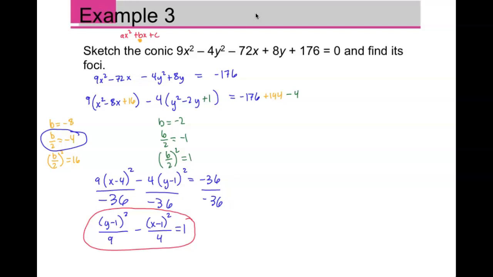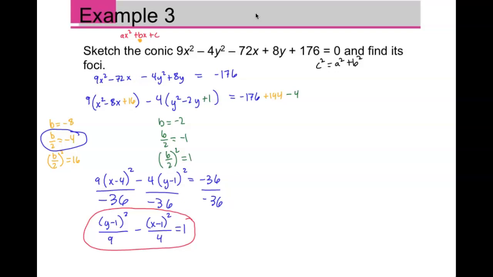Yeah, so y comes first, so this is a vertical, and we are going to sketch this one. First, let's find the foci. So in a hyperbola, the relationship between a, b, and c is c squared equals a squared plus b squared. So just perfect Pythagorean relationship.